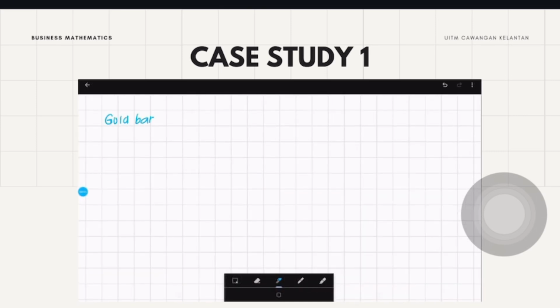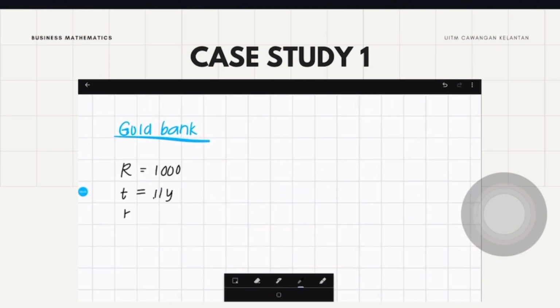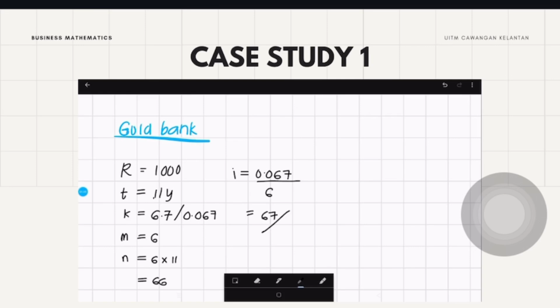Now we are going to calculate for Gold Bank, and R and T are still the same. The only thing that is different is k, which is 0.067. m is 12, n is 132, and i is 67 per 12,000.